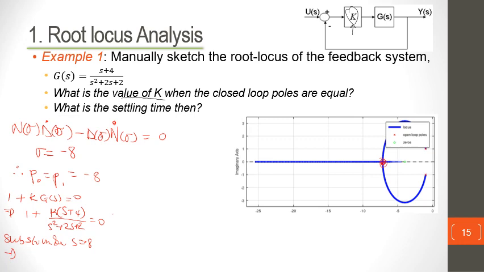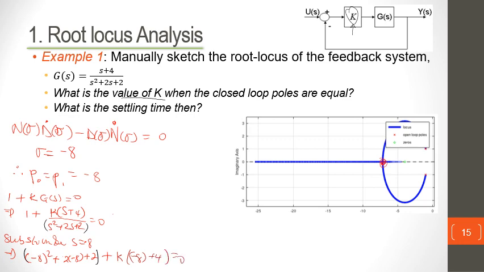This would imply that we have minus 8 squared plus 2 times minus 8 plus 2, so this is the denominator here, plus the numerator K times minus 8 plus 4 is equal to 0.